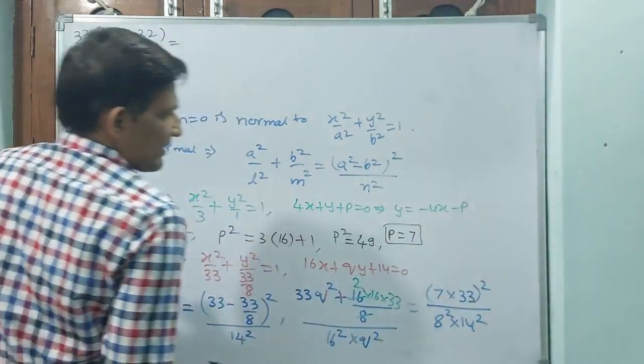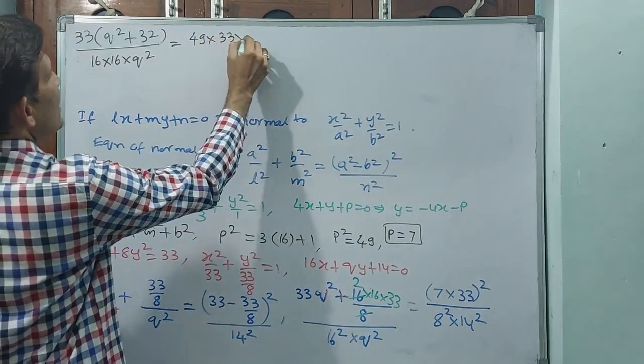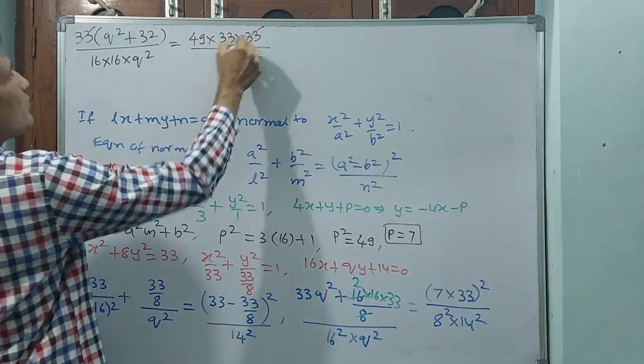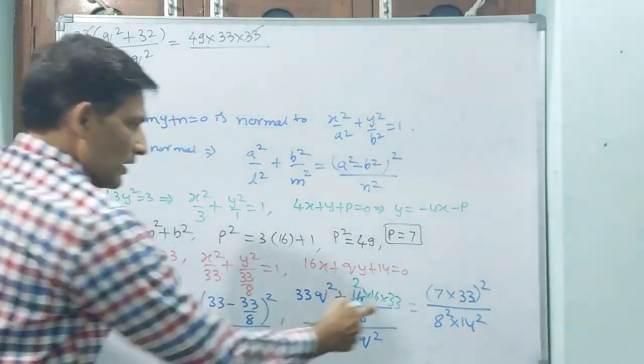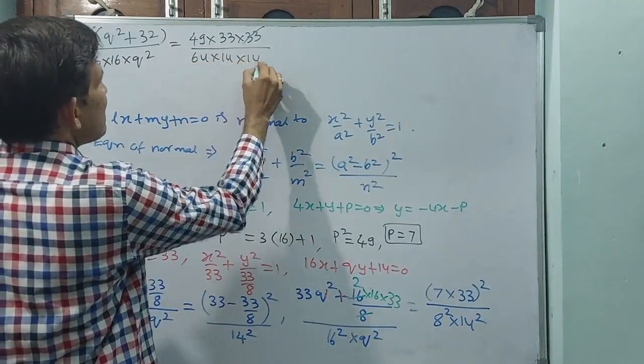See 7 square, 49 into 33 into 33. Why have I written 33? Because 33, 133 is going to get cancelled out. Okay. Now 64 into 14 into 14.